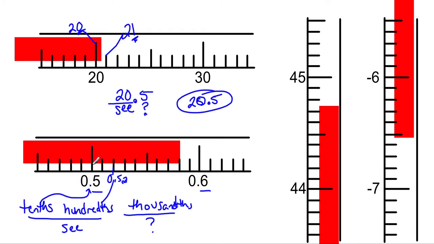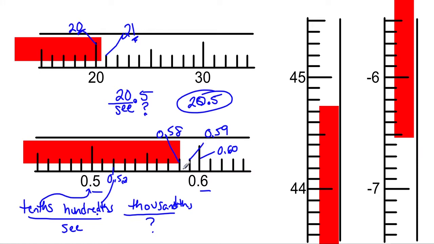So this is 0.51, 0.52, 0.53, 0.54, and so forth, all the way up to 0.58. This line is 0.59. The next line would be 0.60. Once you decide these lines represent the hundredth spot, they all represent the hundredth spot. It doesn't matter if they're big or little or how they're labeled.